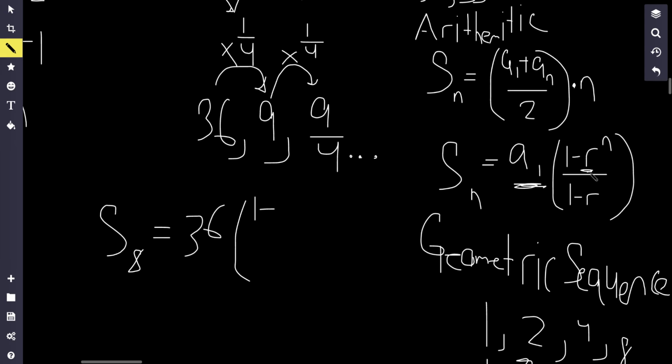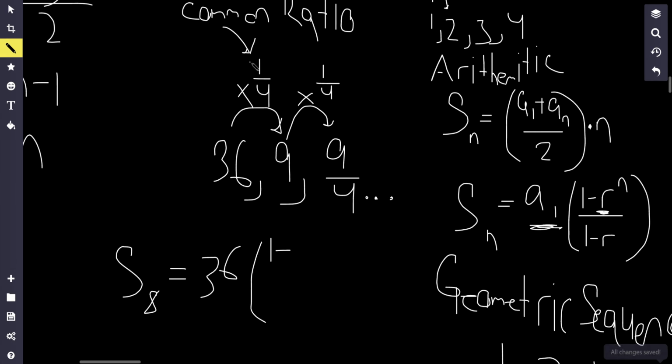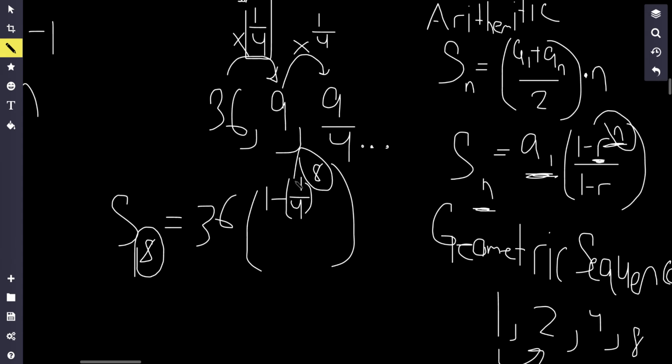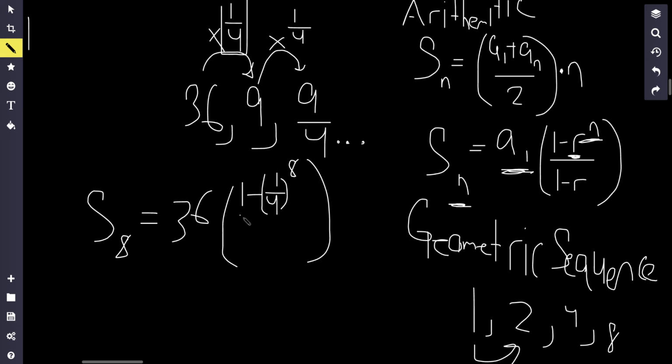So r basically represents the common ratio, and my common ratio in this case is 1/4. So it's going to be 1 minus 1/4 to the n power, so basically to the 8th power. Because notice how this S sub n and this n right over here match up. So if I'm trying to find the sum up to the 8th term, my n value is going to be 8. And it's going to be divided by 1 minus r, or just 1 minus 1/4.